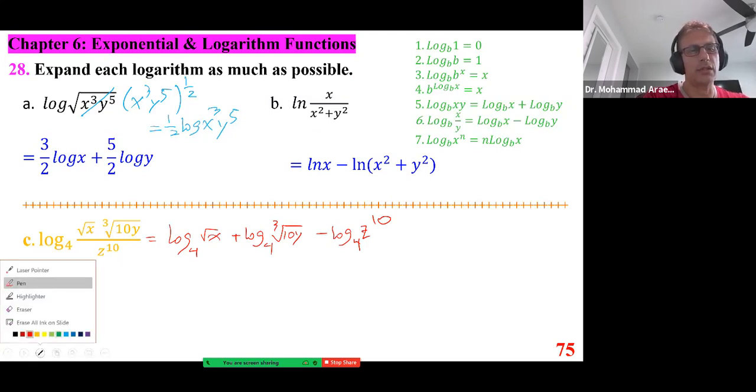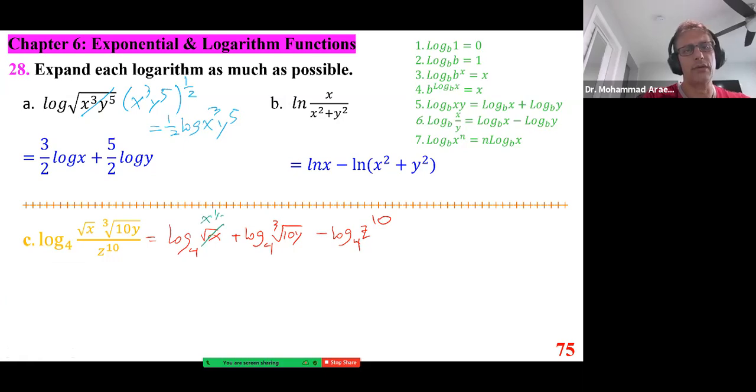Now, I don't want to rewrite this stuff. So this one is x to the power of 1/2. This one is 10y to the power of 1/3. And therefore, 1/2 sits in front, 1/3 sits in front, 10 sits in front. This one, we can separate the 10 from the y.